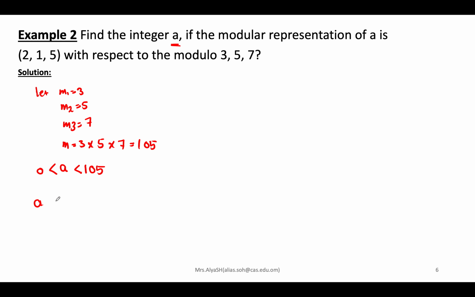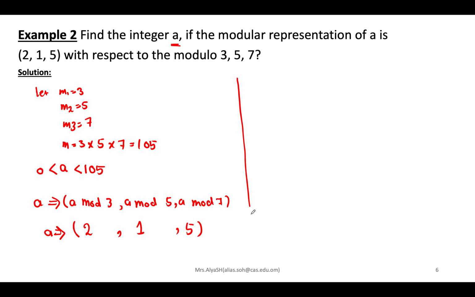So let's define the modular representation that we got. Now we have that a has the modular representation a mod 3, a mod 5, and a mod 7, which is equal to 2, 1, and 5.